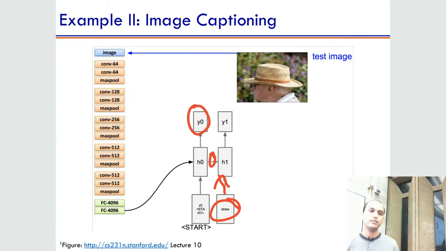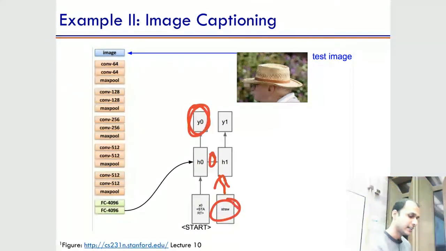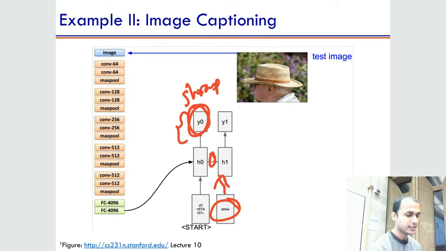We said output is going to be vocabulary size, and we'll have a cross entropy loss per copy. Maybe the right word here is straw, and there is a y vector which will have a lot of coordinates, a lot of different scores for different words. But we'll have a cross entropy loss where we prefer the score to be highest for the straw coordinate and everything else 0.